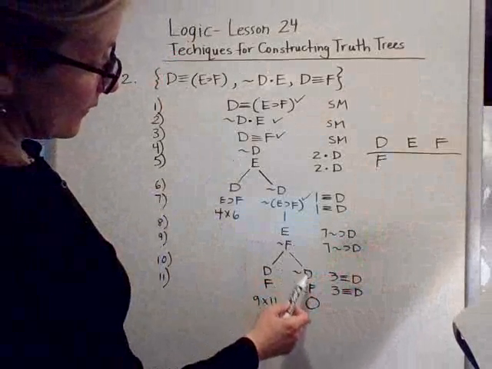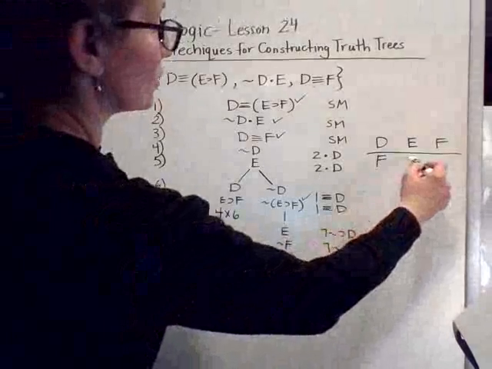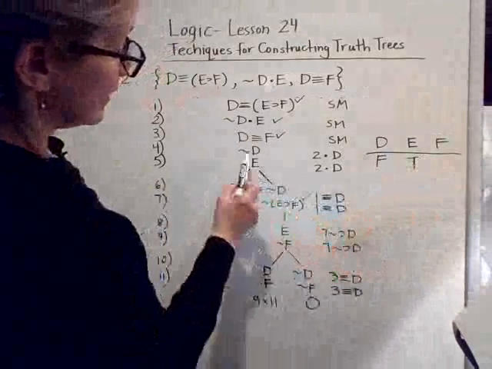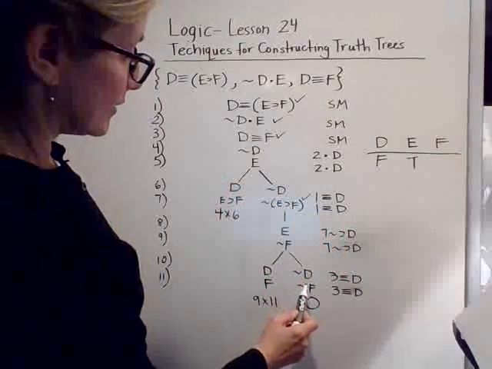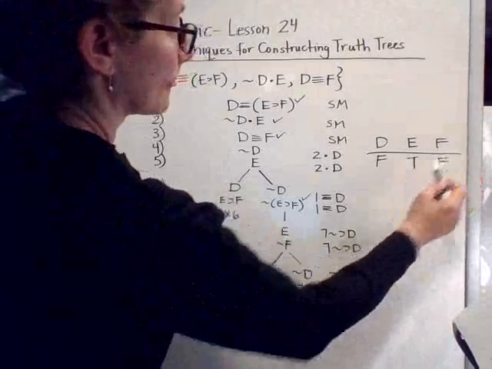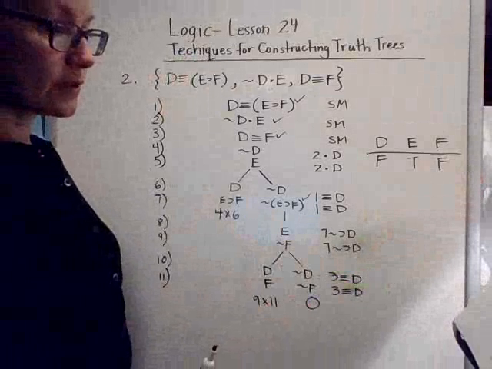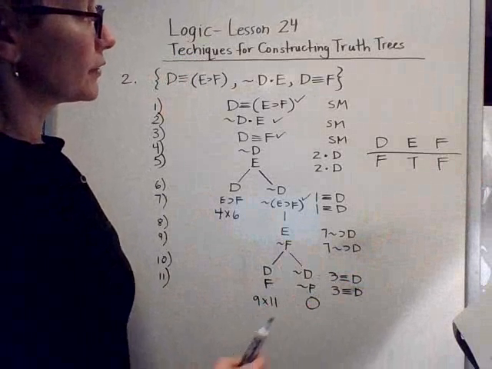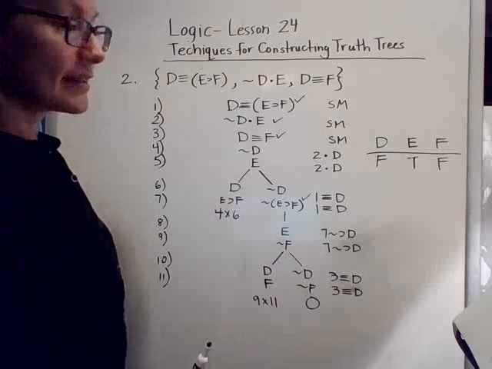Over here we have E, so E is true, and F is negated, so F is false.